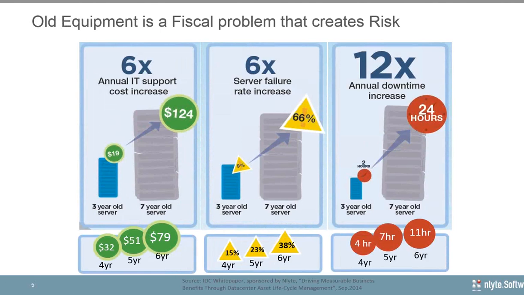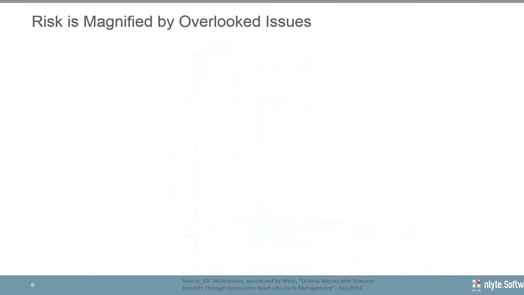So this is the risk that research from IDC is showing with older equipment. So it's the opposite of what you say, if it ain't broke, don't fix it, or hey, I was able to keep that older server up and running. That's not the case. And so I would say that this risk is not only not obvious, but it's also overlooked.